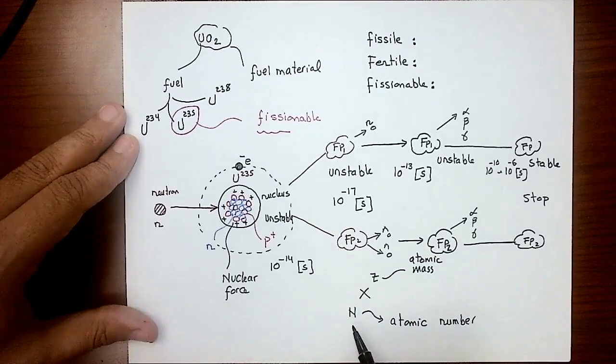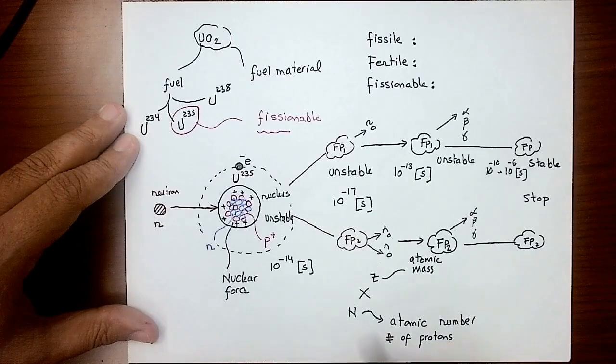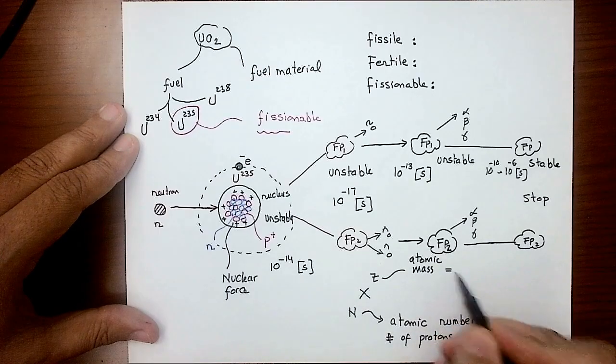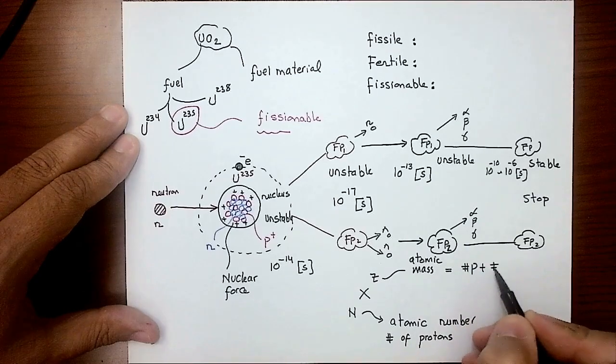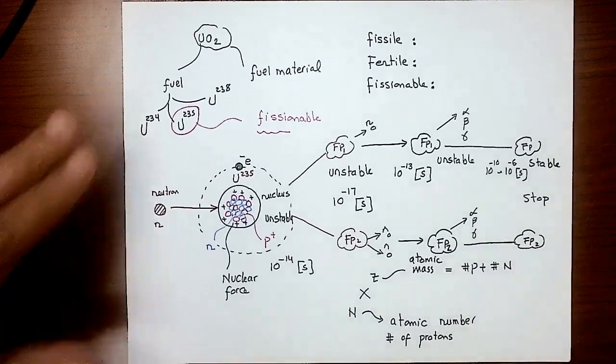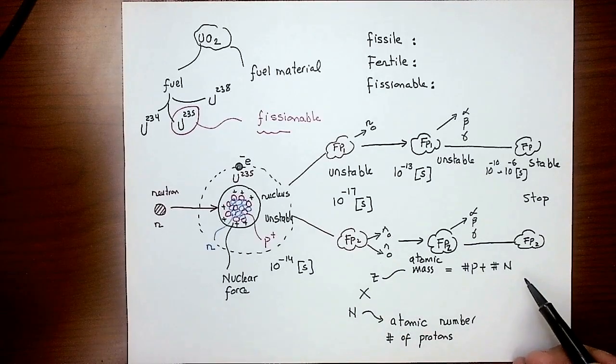So the atomic number is simply the number of protons in the nucleus, while Z is actually the summation of the number of protons plus the number of neutrons in the nucleus. Okay? So Z minus N should give you the number of neutrons inside that nucleus.